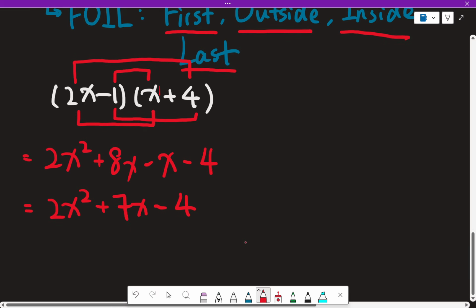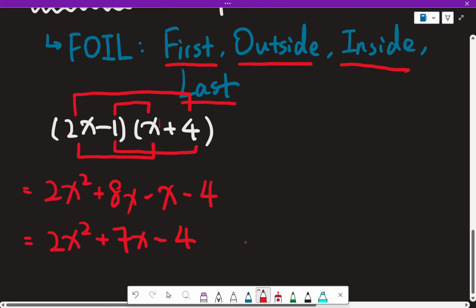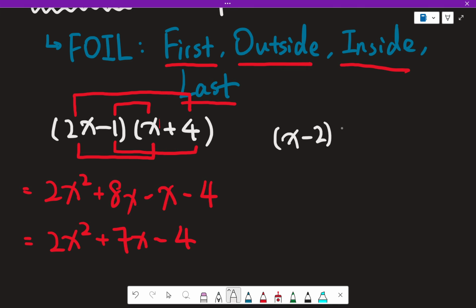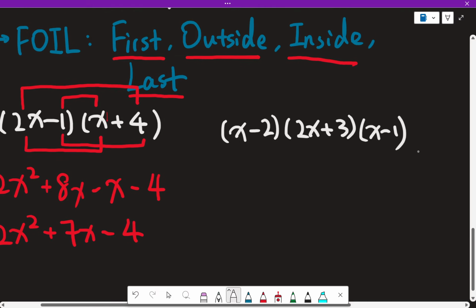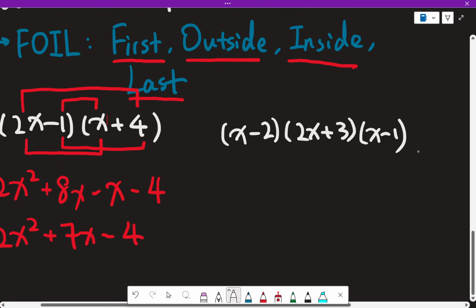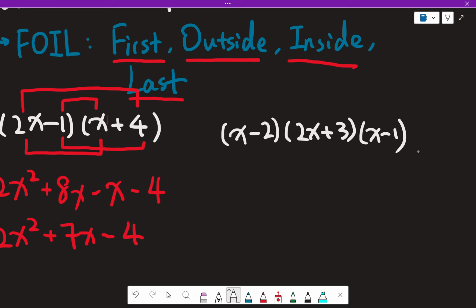Let's take a look at a relatively more challenging example. So what if we have 3 binomials multiplying together? Would the same strategy still apply? The way we do this kind of multi-binomial multiplication is to multiply 2 of them together first.